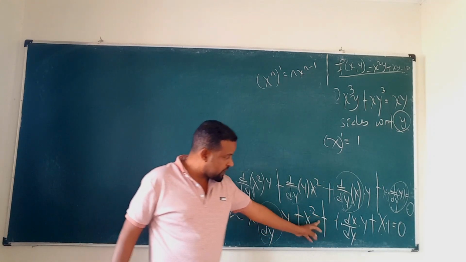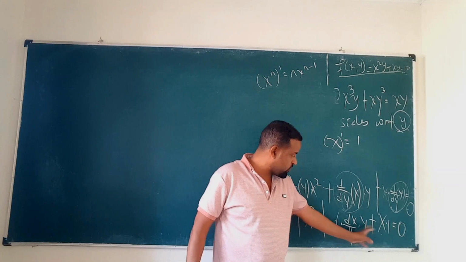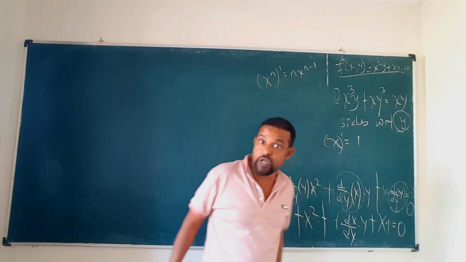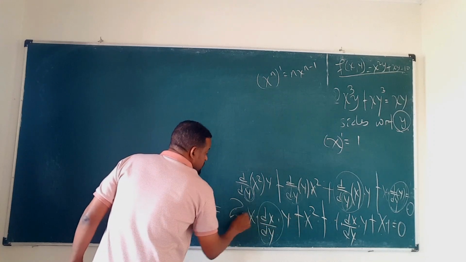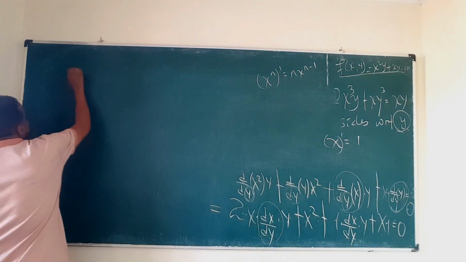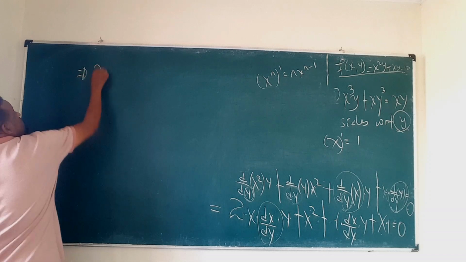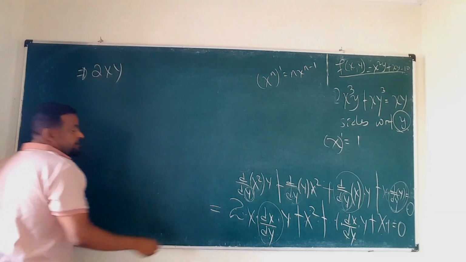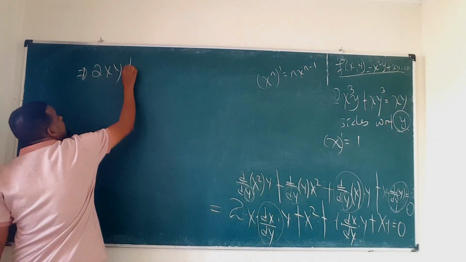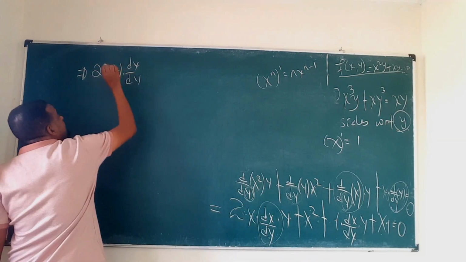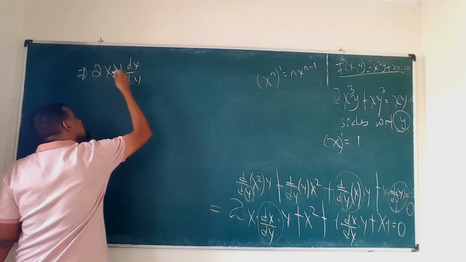plus x squared plus 1 times dx by dy times y plus x times 1 is equal to 0. So let's rearrange them. 2x times y, the variables we put together, so that will give you 2x times y is 2xy. What is here, dx by dy, which means we are taking the derivative of x with respect to y.